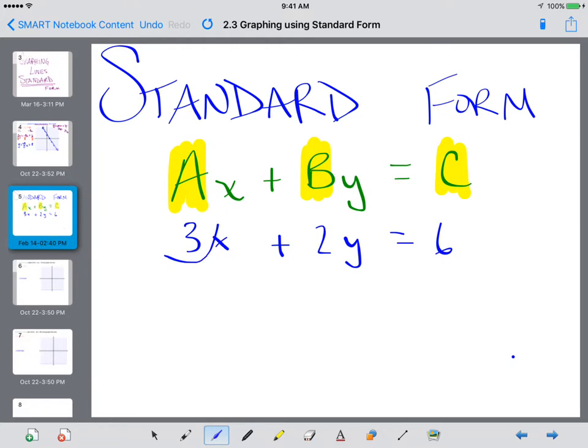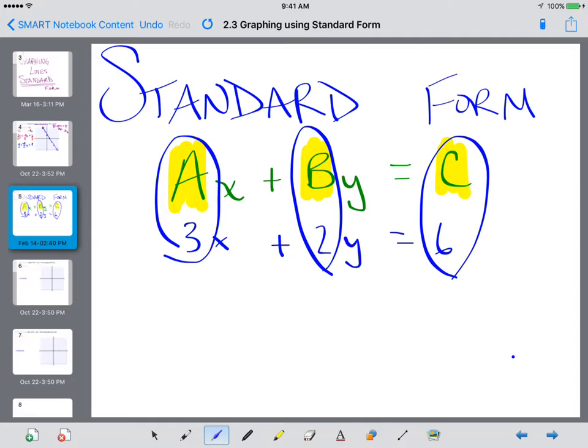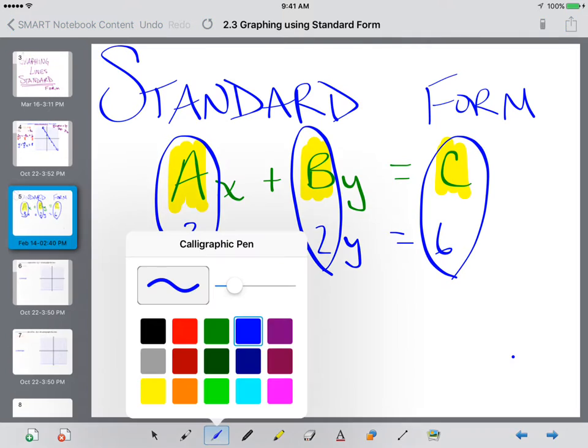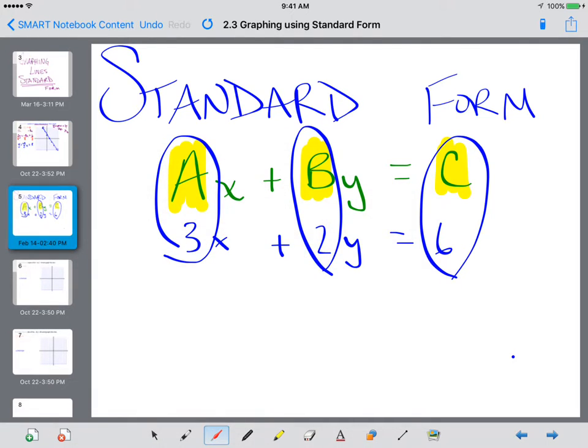A in this case is 3, B is in the position of 2, and C is our 6. So when it's in standard form, we have the x-intercept and the y-intercept. The x-intercept is when we take C divided by A. Take those two numbers, that plots the x-intercept, in which we get a number here, and the y value is 0.